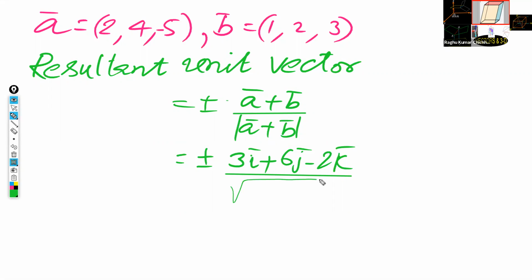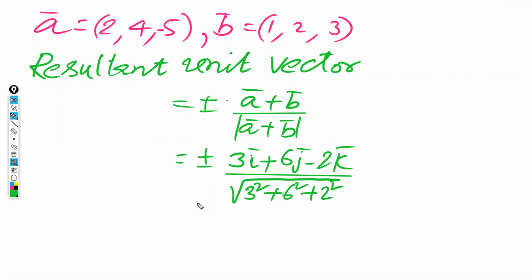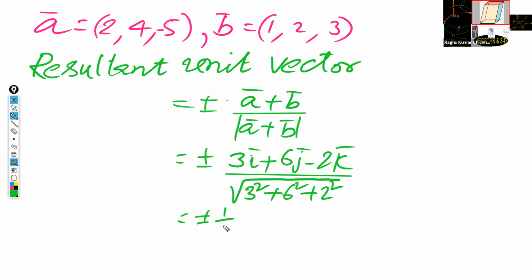How much is it? Remember it as a triplet of perfect squares, because 3 square is 9, 6 square is 36, 2 square is 4; added 49, that is 7, sir. So plus or minus 1 by 7 into 3i plus 6j minus 2k.